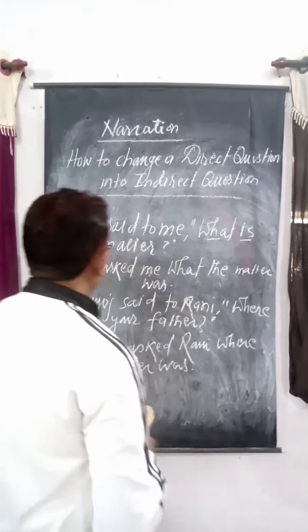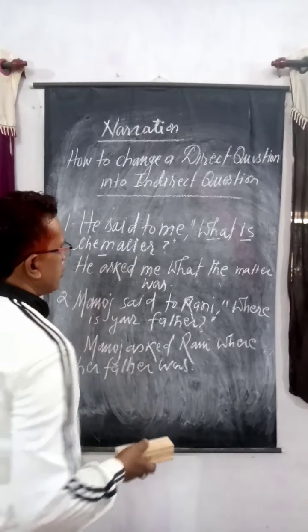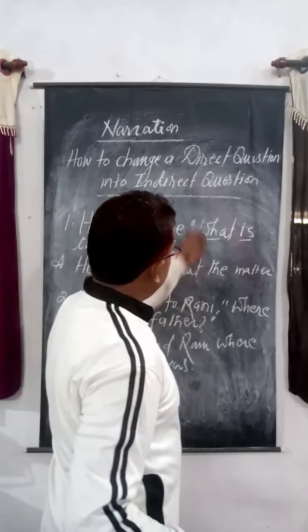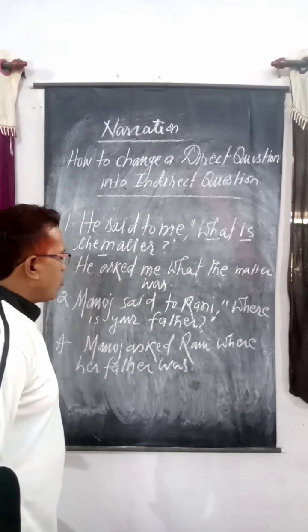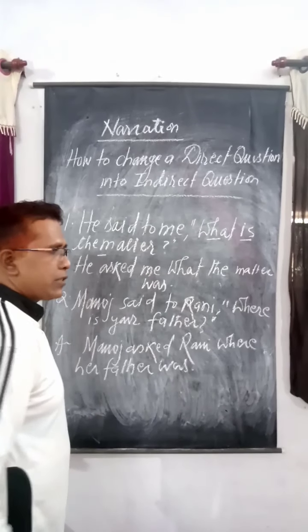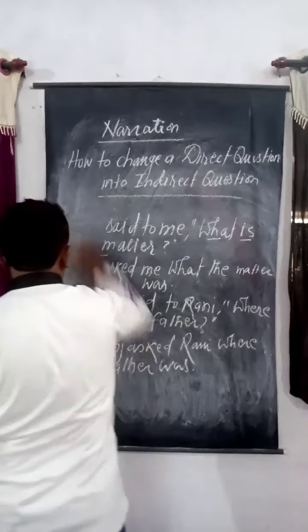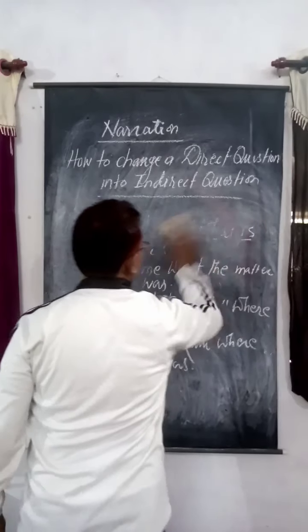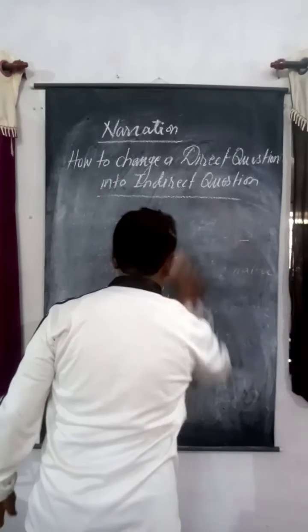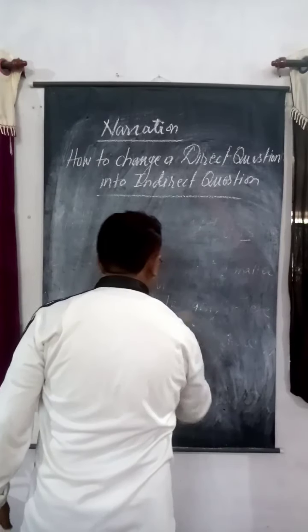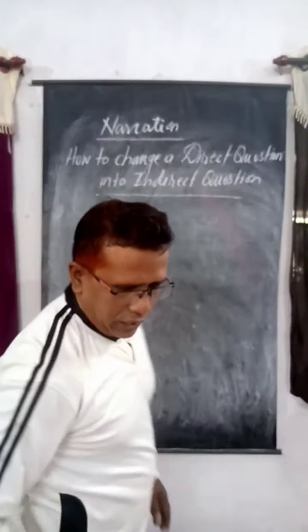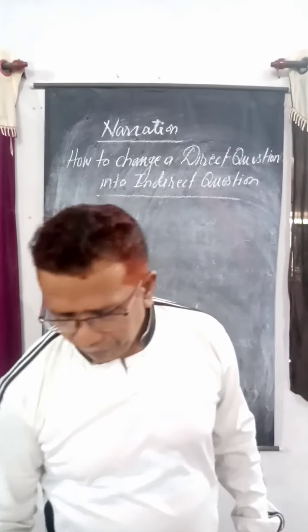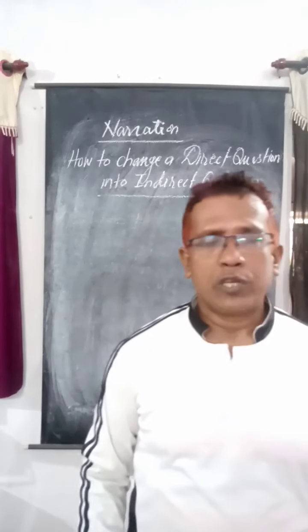Okay, now we are going to yes no questions. These were the examples of WH questions. Now we are going to learn about yes no questions. A yes no question is totally different from a WH question.